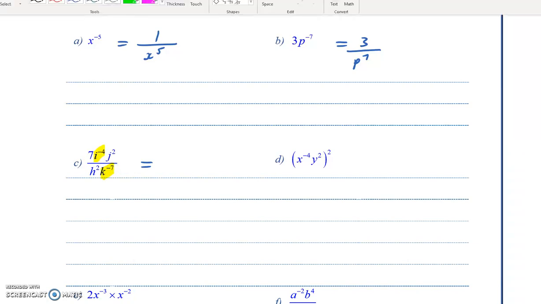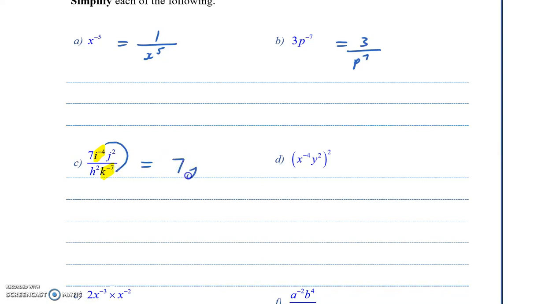Now, the easiest way to think of this is to write them as their positive partners when they are changed from the numerator to the denominator. So 7j squared, and that i to the negative 4 can come down to the denominator and become i to the power of 4. h squared can remain there, and k to the negative 7 can come up to the top and become k to the positive 7. Hence, you've made them all with positive indices.